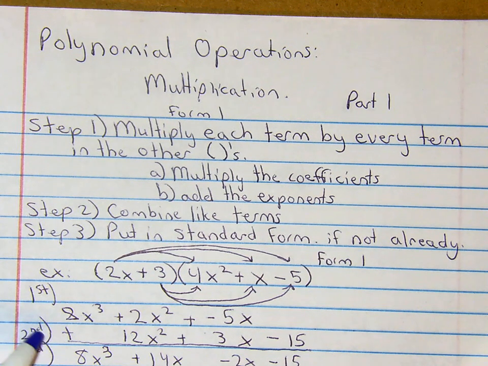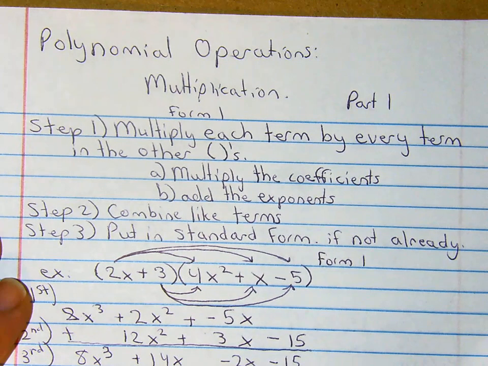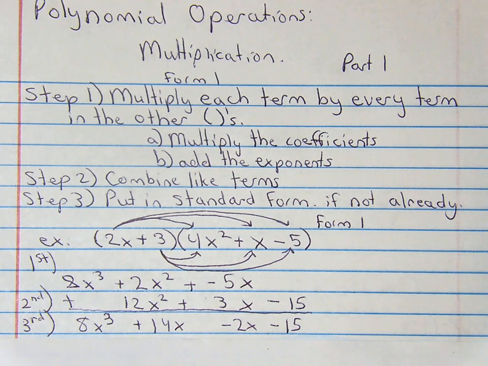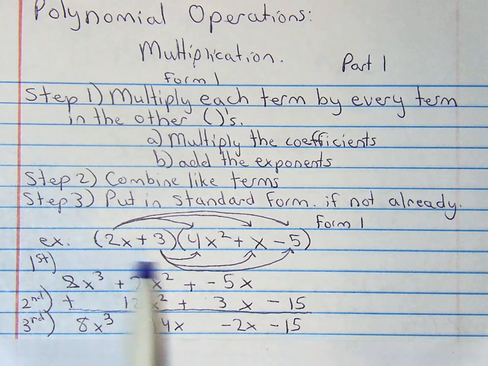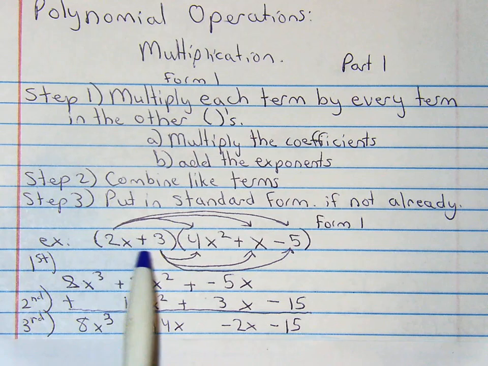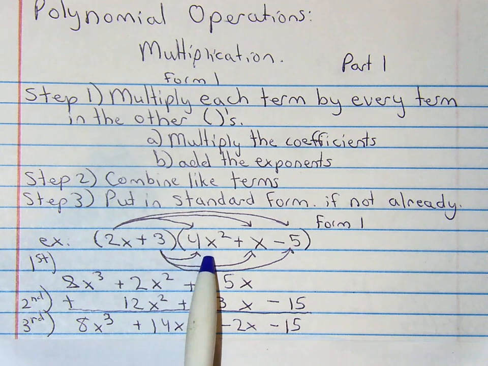And in this situation, it already allows for step 3, which is in standard form. So that is the first way, and a very common way to be able to multiply polynomials. And even if this was a trinomial or anything like that, you just keep doing the same process with each term in one parentheses to each term in the other parentheses.